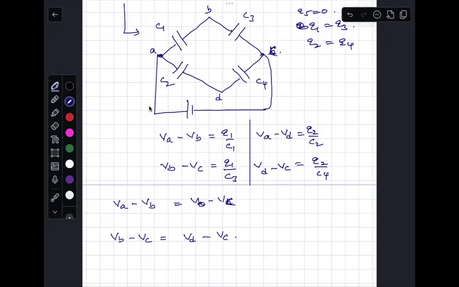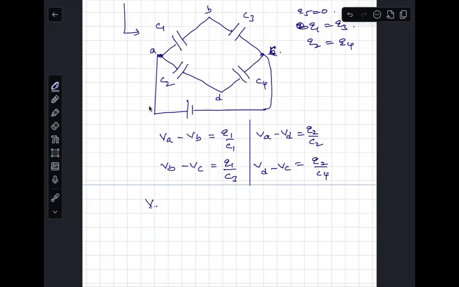Right. But there is no confusion here. I repeat again. VA minus VB is the same as VA minus VD because, why?